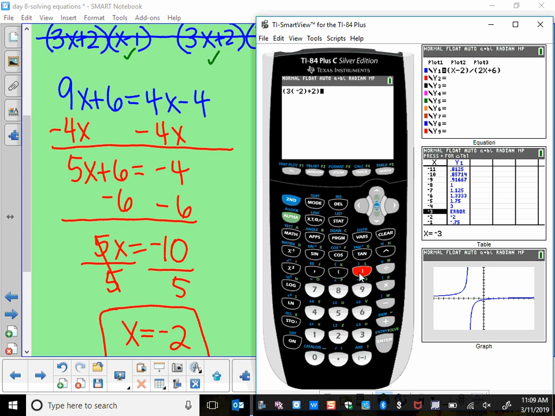I close out my parentheses. All I'm doing is writing everything that I see, just plugging in negative 2 where I can. Then it has parentheses, and I have an x, so I put negative 2 in parentheses, and then minus 1. And we get 12.